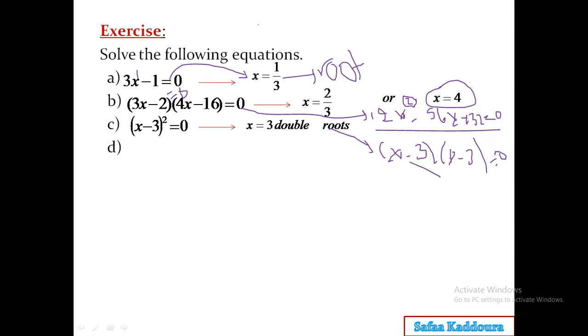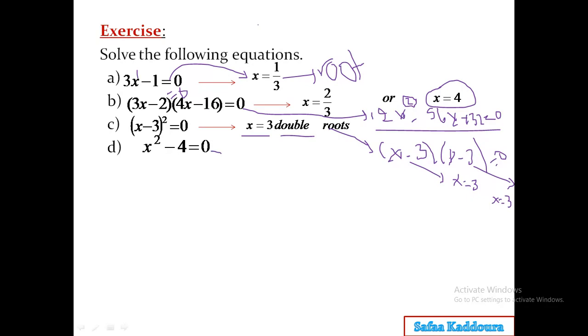The first bracket will give you x equal 3, and the second bracket will give you x equal 3. So we have two values of x, but they are equal, so we say x equal 3 is a double root.